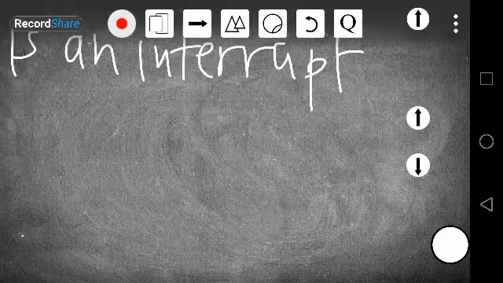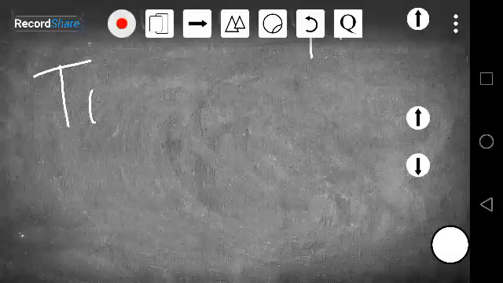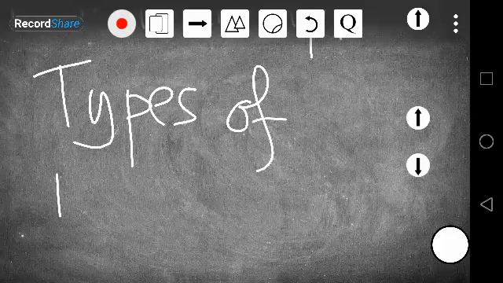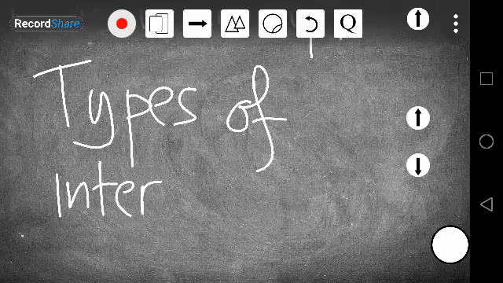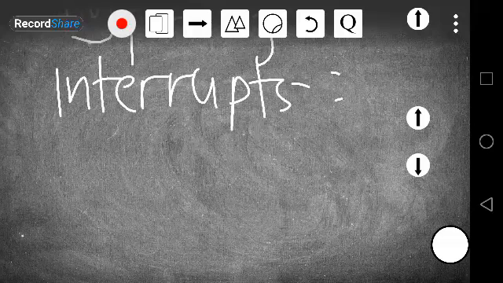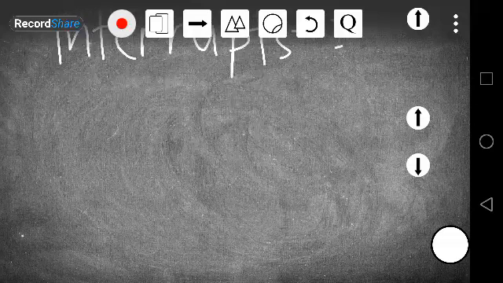Now we need to look at types of interrupts. Okay, so in this lecture we are going to discuss only three types of interrupts as far as your syllabus is concerned. So in the Zimsec syllabus, we'll cover the first one, which is internal interrupt.